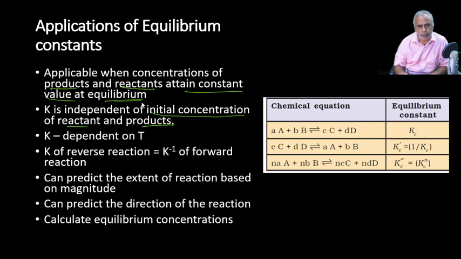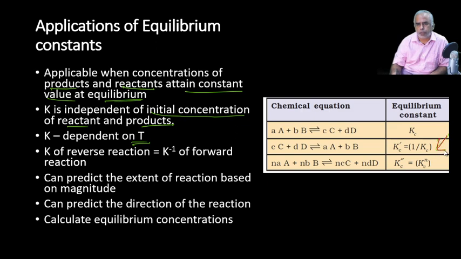So you must remember this. Then the equilibrium constant is temperature dependent. So it depends on the temperature of the reaction. And K of a reverse reaction is equal to the inverse of the forward reaction. So that we have mentioned here.